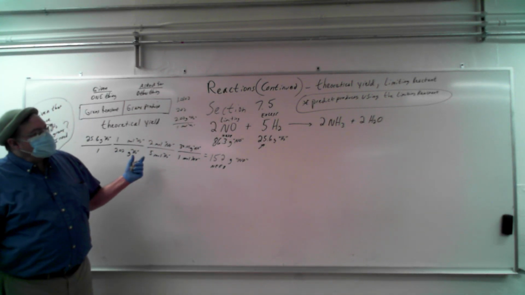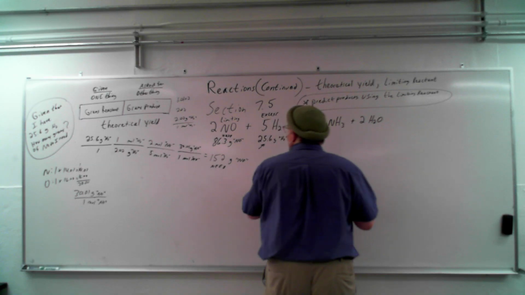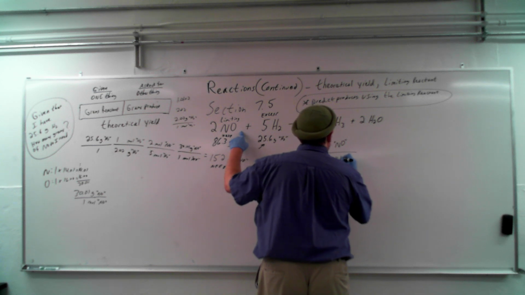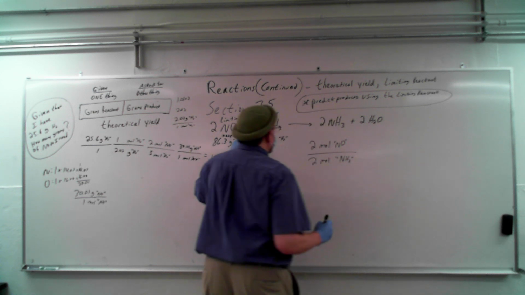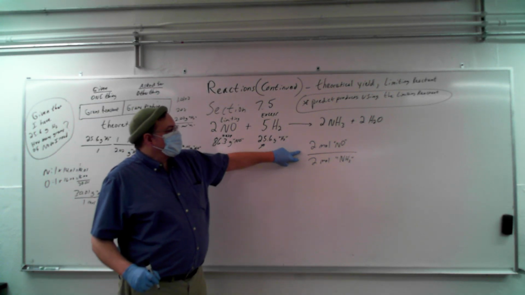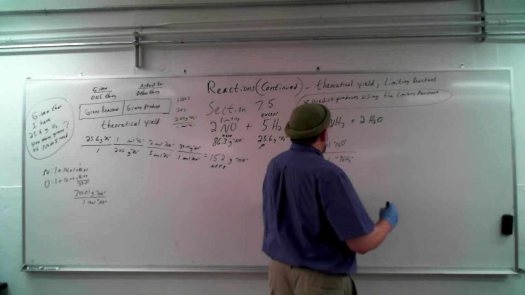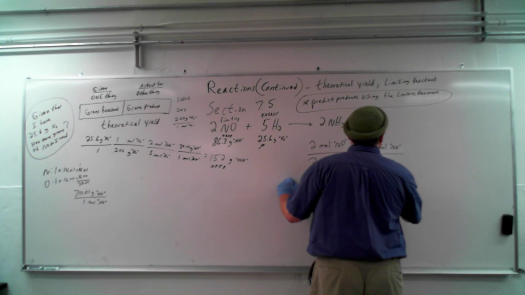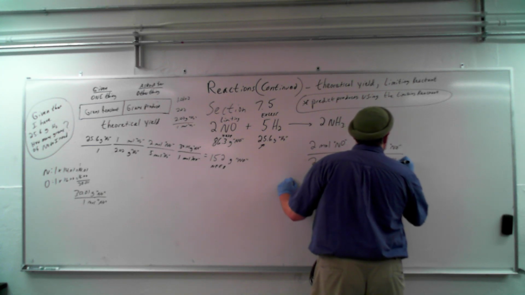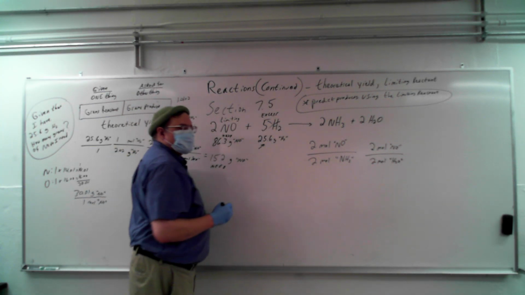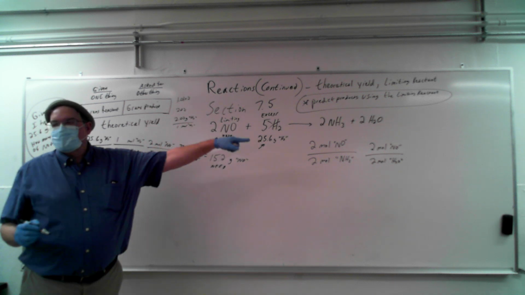So if you want to know how much NH3 is produced, you're going to use the limiting one. If you're asked to find out how much H2O is produced, you'll use that. You don't use this to predict products because that one was in excess. You use this to predict the amount of products.